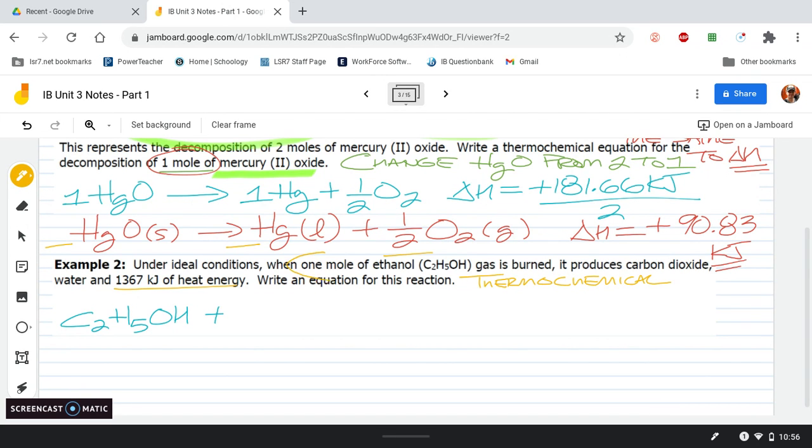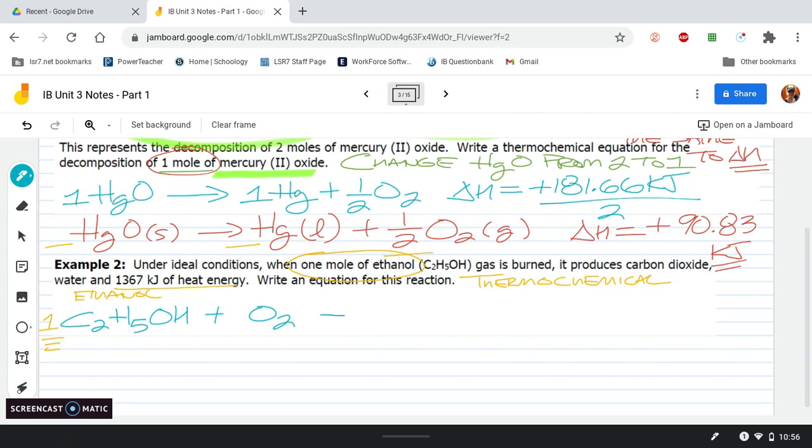It says you get 1 mole of ethanol. This is ethanol. That means I only get 1 mole, which means that the value here has to be a 1. I have to keep that a 1. That's the problem with some of these, is that you're forced into certain balancing situations. That has to stay a 1.